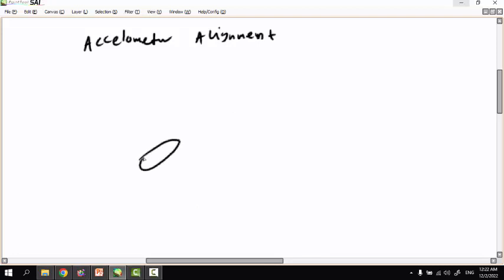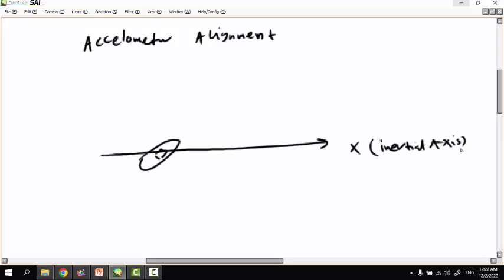If we see this vehicle or this car, this is the inertial axis, x inertial axis, but this car in this example is rotating in the counterclockwise direction. The accelerometer is fixed in the body, in the vehicle, so it measures the acceleration in the body axis.